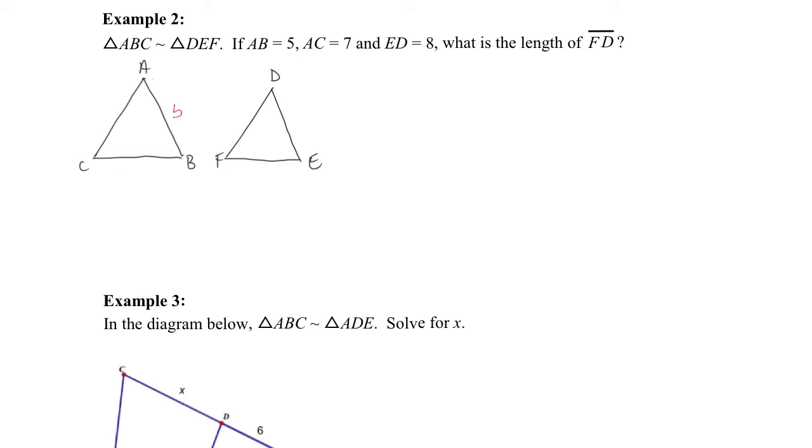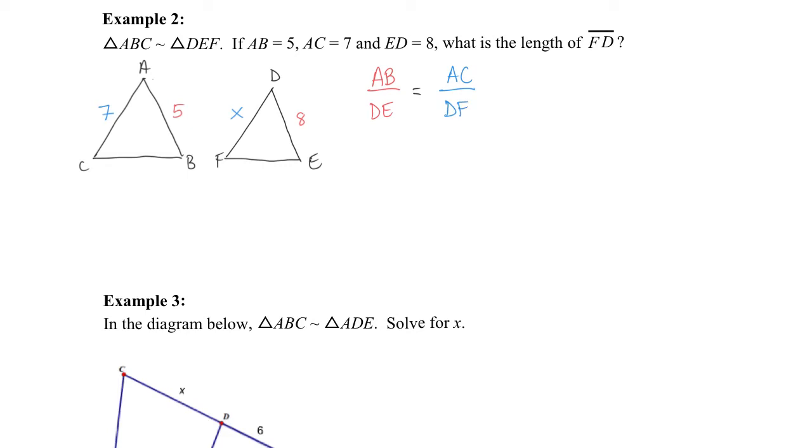So AB is 5, AC is 7, and then I have ED is 8, and they're asking me to find FD, so that's what I'm going to call X. All right, let's set up our proportion. We've got AB over what corresponds to it, which is DE. And then I've got AC over what corresponds to it, DF.